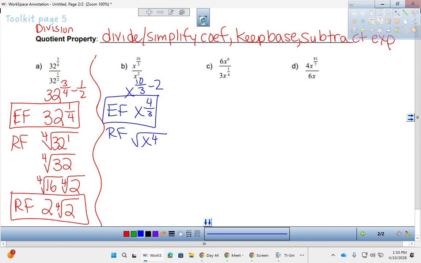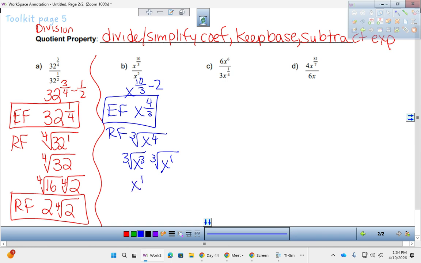Inside is the numerator, outside is the denominator. And when you're working with variables, if the inside exponent is bigger than the outside exponent, you've got to split it up. What multiple of 3 should I use? 3. Which means the other exponent would have to be 1. 3 goes into 3 one whole time.